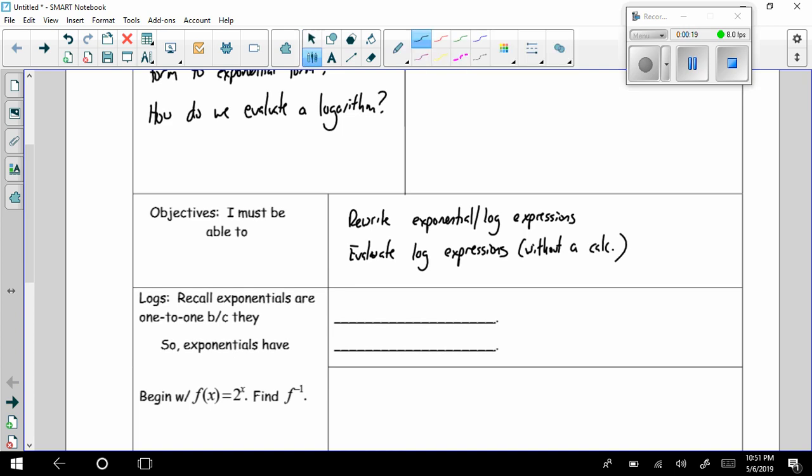So just recall that logs are one-to-one. What makes a one-to-one function? First, it has to pass the HLT.